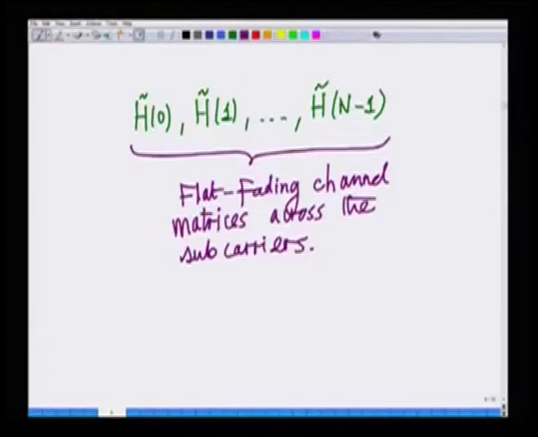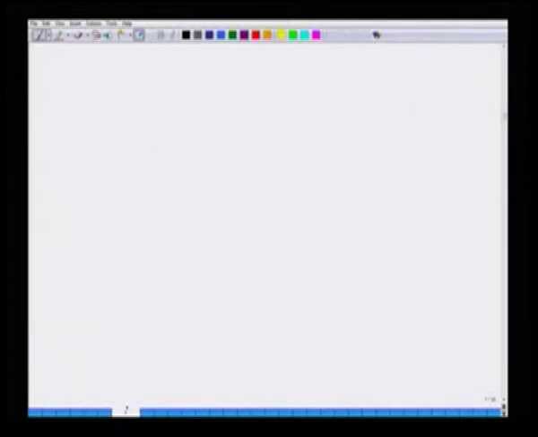So, to make it more specific, let us look at the vector H tilde 0. I am going to look at the u comma vth element of all these matrices, that is the u comma vth element of matrix H tilde 0, H tilde 1, so on.